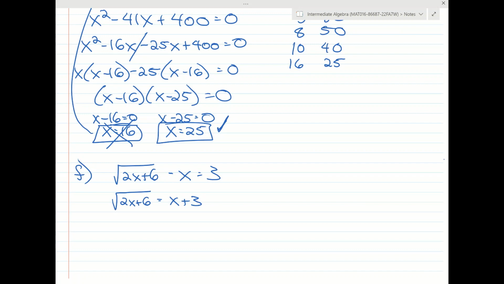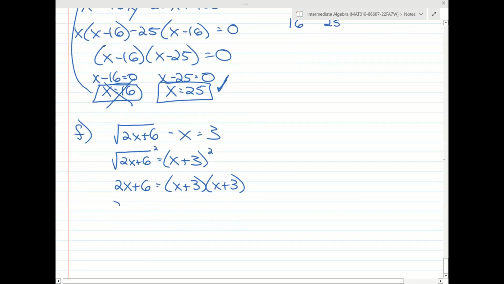Then square both sides. We have 2x plus 6 is equal to x plus 3 times itself. So this is just 2x plus 6. We FOIL this to get x squared plus 6x plus 9.